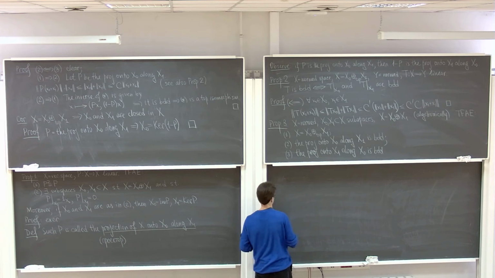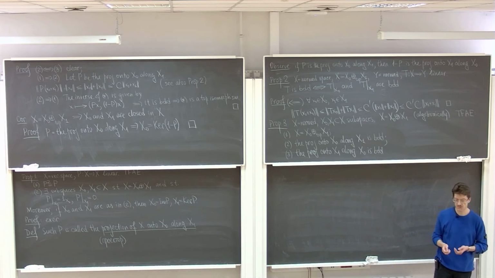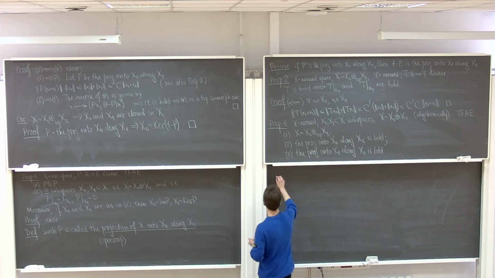Now, so far we didn't assume completeness. X was an arbitrary normed space. Now let's suppose that X is a Banach space. In this case, we have the following result.